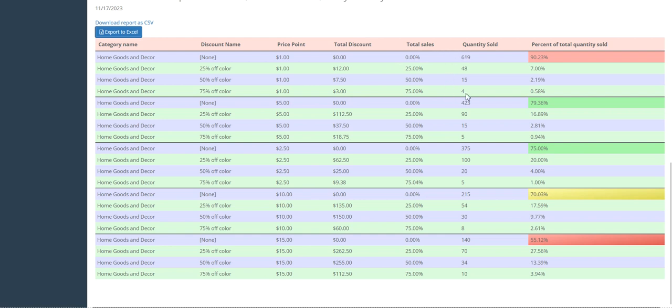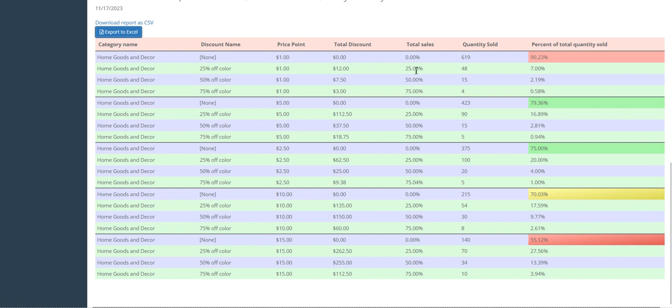So we see that our dollar items have the highest number of quantities sold, followed again by $5, $2.50, $10, and then $15 items. Each row represents items that were sold at either full price or within one of the discount levels of your color rotation system. So for example, looking at our top 4 rows, the topmost row is the items that sold for full price at $1.